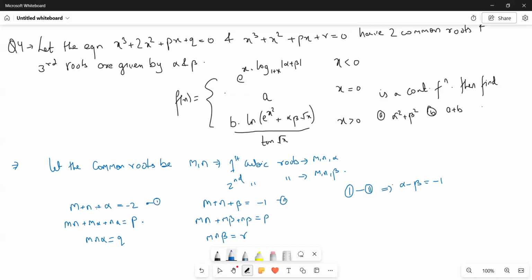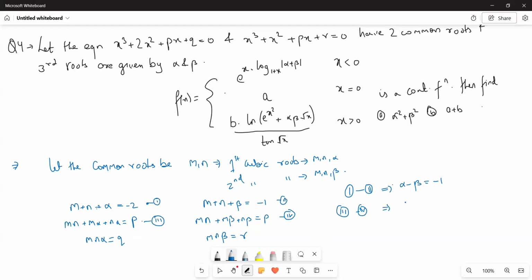And if you look at the second equations, subtract those also. Let's say this is equation 3, this is equation 4, and we subtract them as well. 3 minus 4, right?